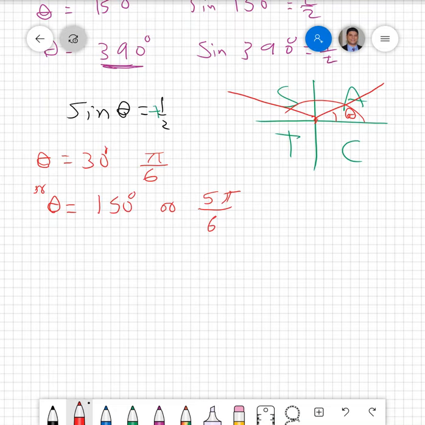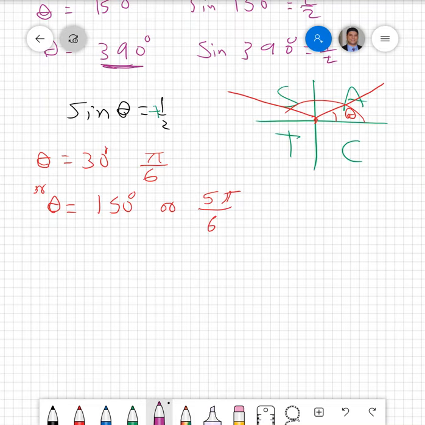But the question is, only these two solutions are the solutions of this equation? We don't have another solution? No. Why? Because here we can find coterminal angles.